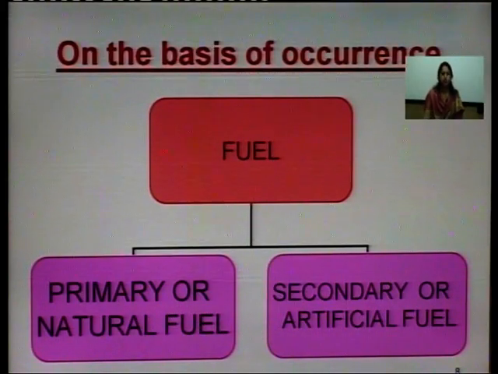Let us discuss, depending upon the occurrence, what are the types of fuels. On the basis of occurrence, fuel is of two types: primary or natural fuel, and secondary or artificial fuel. I have already discussed that fuel can be classified on the basis of occurrence and physical state.